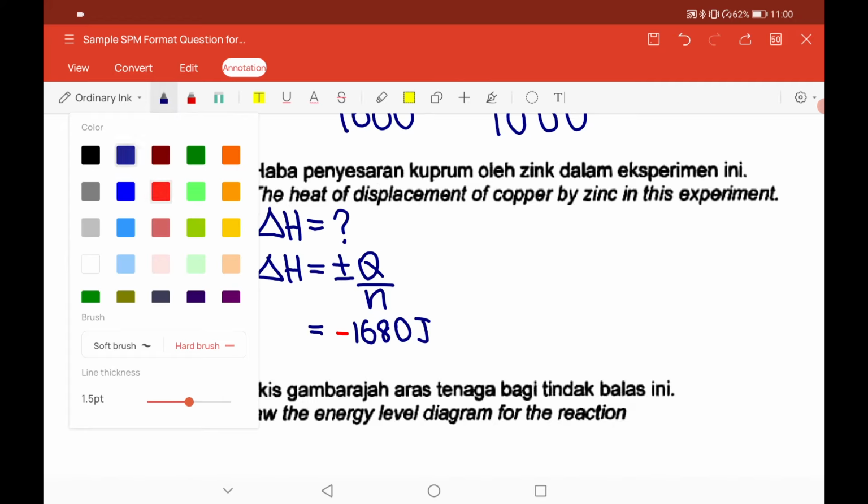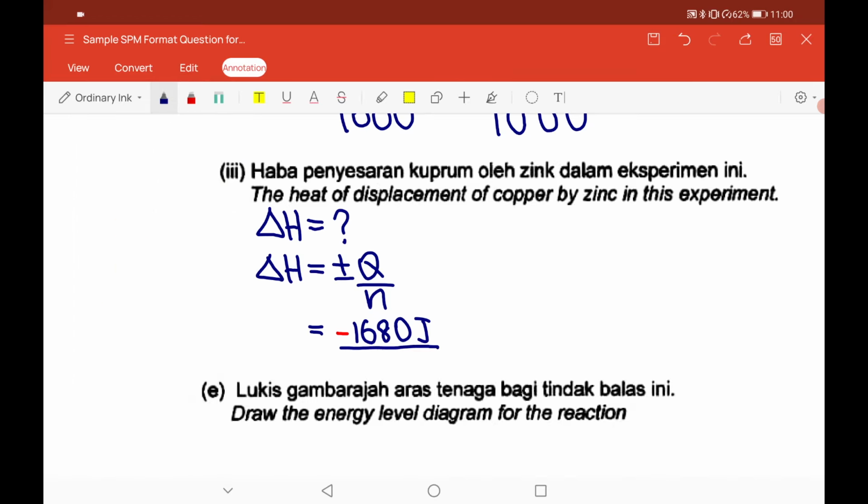Now we need to divide by n. n is mole. What is the mole that we are looking for? This is heat of displacement. Displacement, gangster bully concept. In the gangster bully concept, we need to kick the metal out, right? So this mole is the mole of the metal that is displaced.